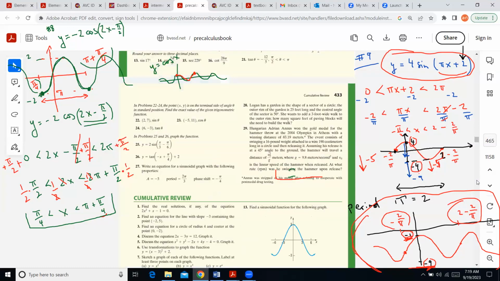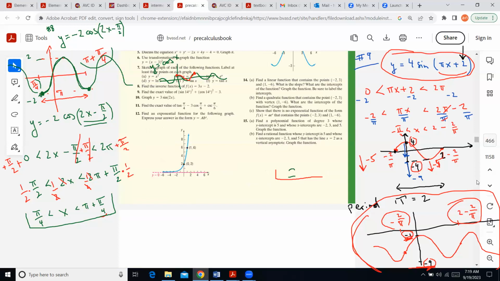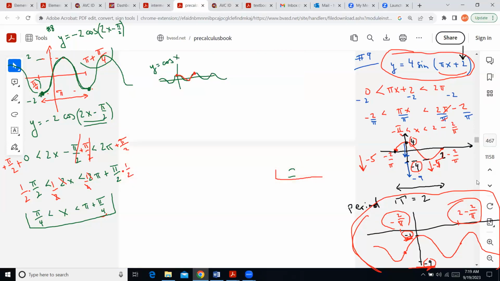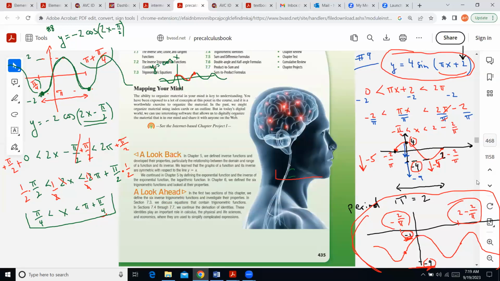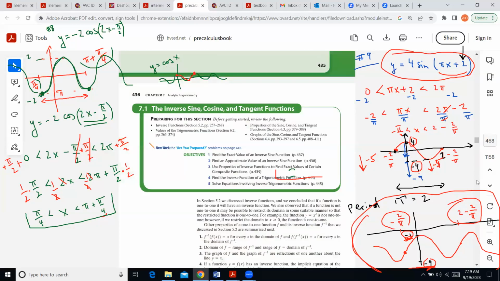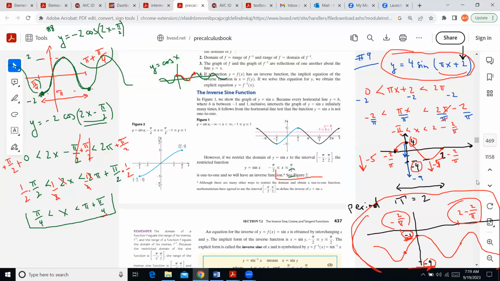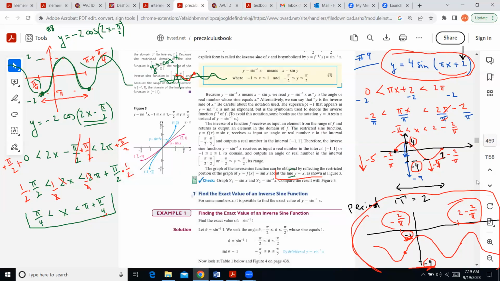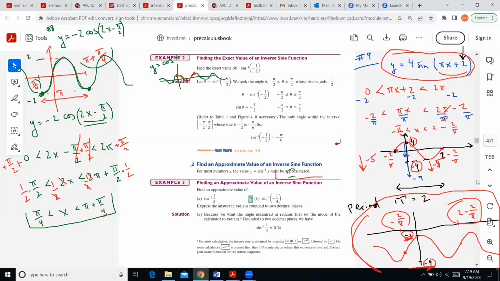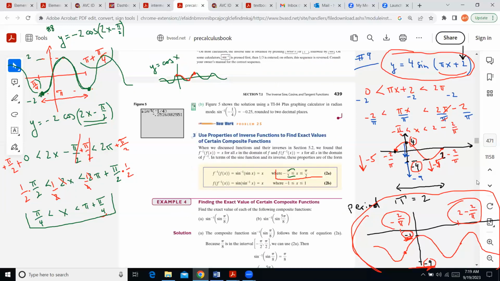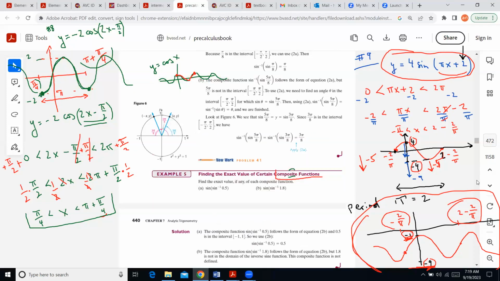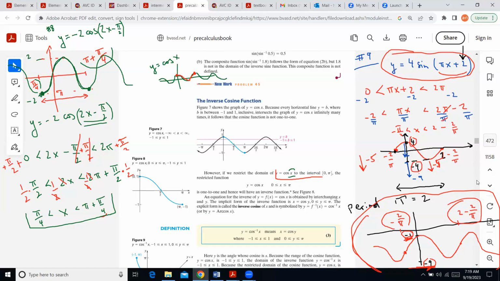We'll think of something like a quiz, and the next chapter is going to deal with inverse functions. Turns out chapter 7 that we're getting into is talking about function inverses. I don't want to do chapter 7 right now. As I said, I'm not giving you a quiz.